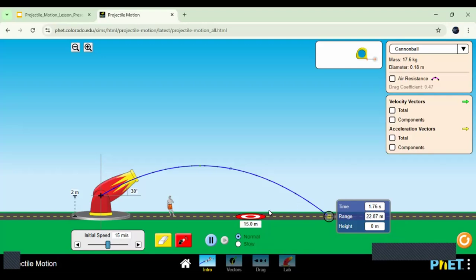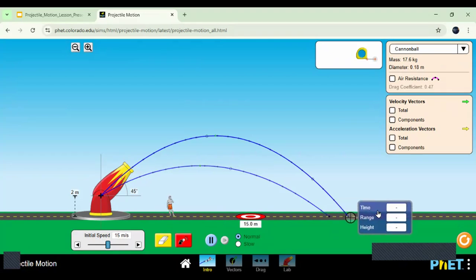Now, let me move the cannon to 45 degrees, and then I will fire. Wow. Good.